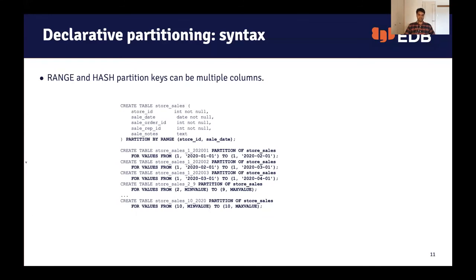And you could use multi-level partitioning, but here I'm showing how to do the same thing with multi-column partitioning. So you use store ID as the first partitioning column and sale date as the second partitioning column. And with that, you can have different partitions with the same value for the first column, and it's the second value that determines the target partition for any given row.